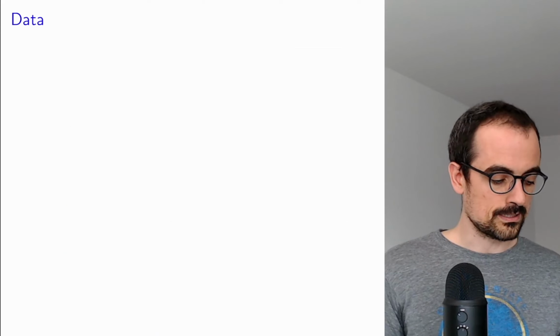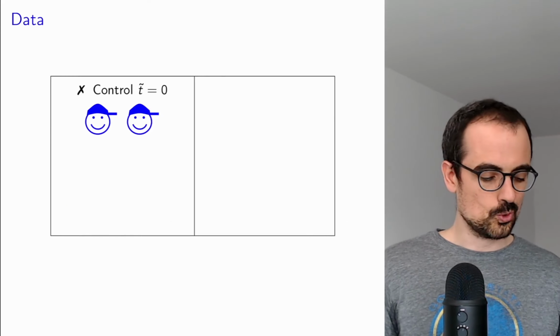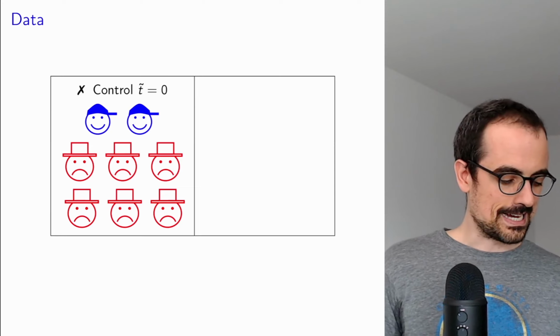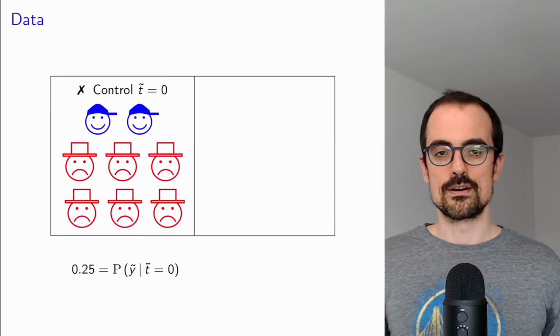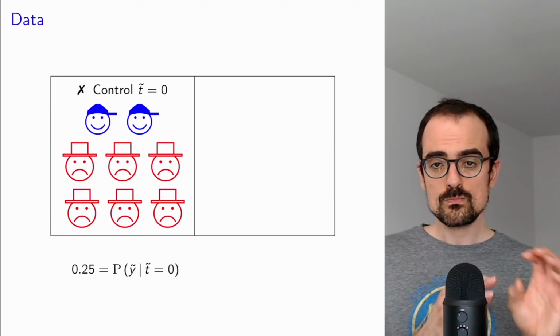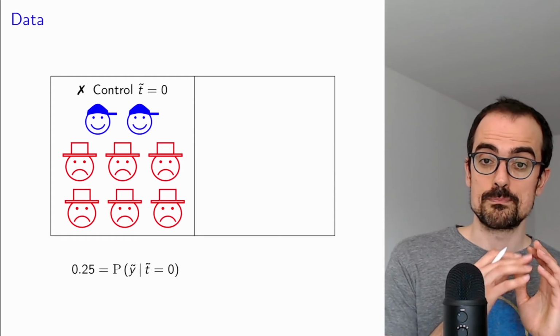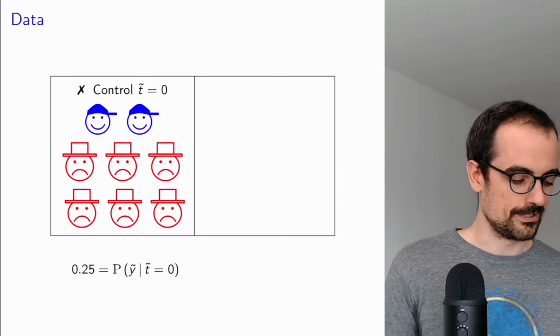What happens is that the control group has 2 young people and many more old people, so then the observed effect as we compute it is 1/4, right? Because 1/4 of the control group is young people, and the young people always recover no matter what, and the old people, if you don't give them the medicine, they don't recover.